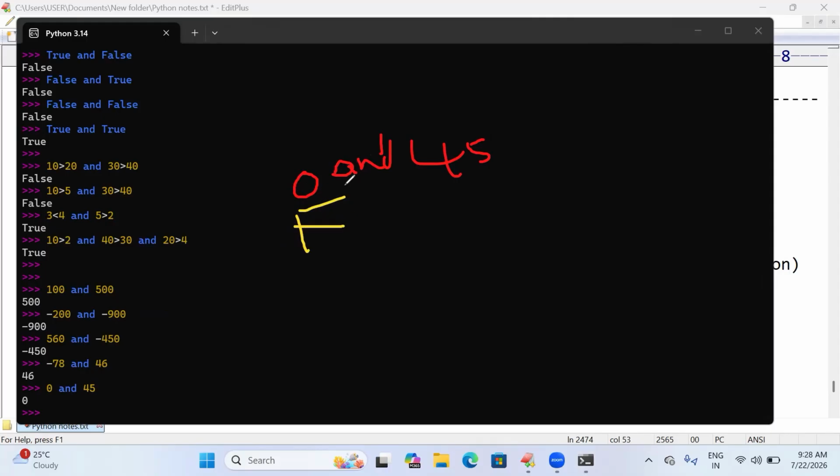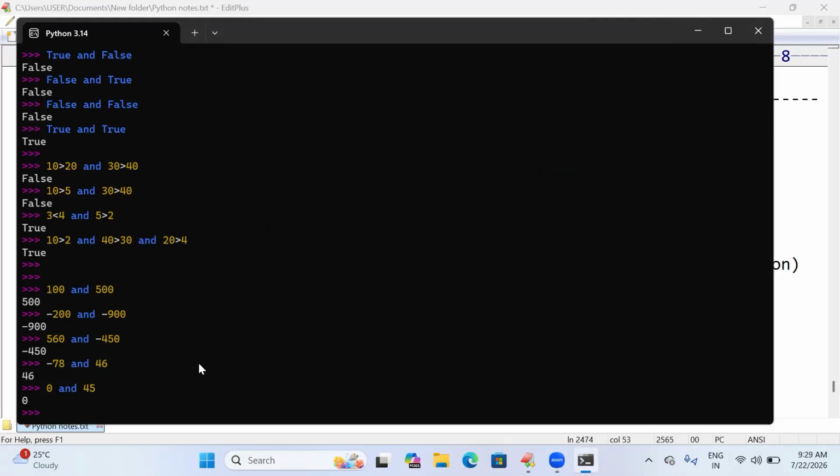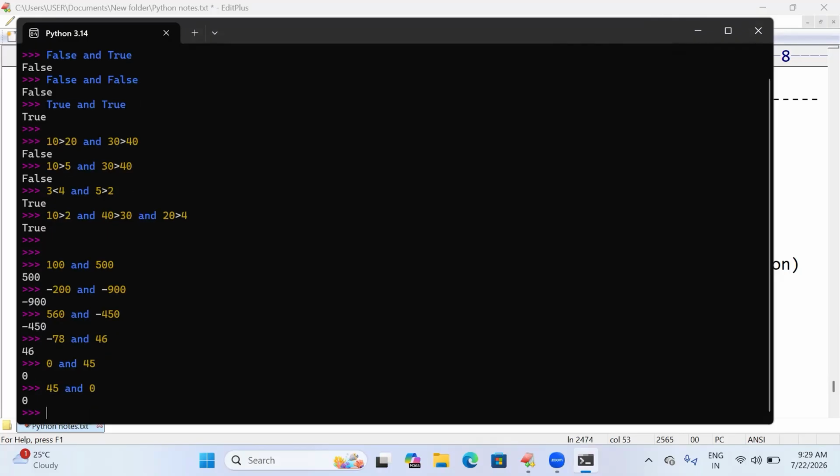So in this AND operator, if the first relational expression or first condition is false, PVM does not evaluate the subsequent relational expressions of this AND operator. So that is the reason it retrieves the value as false. In the place of false, it retrieves this 0 because I'm using these values, right?